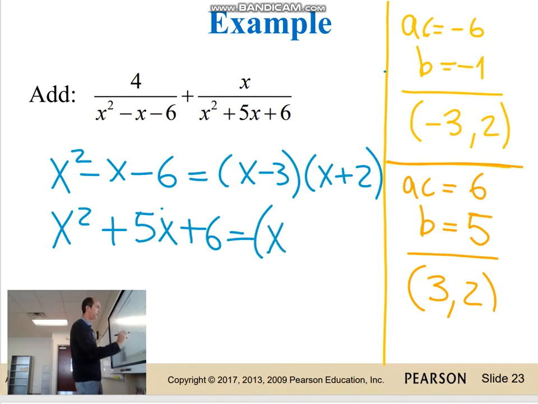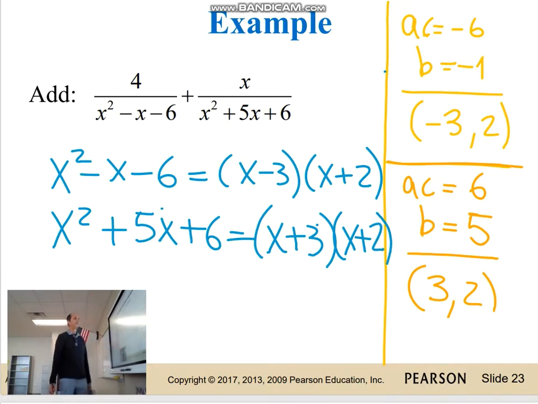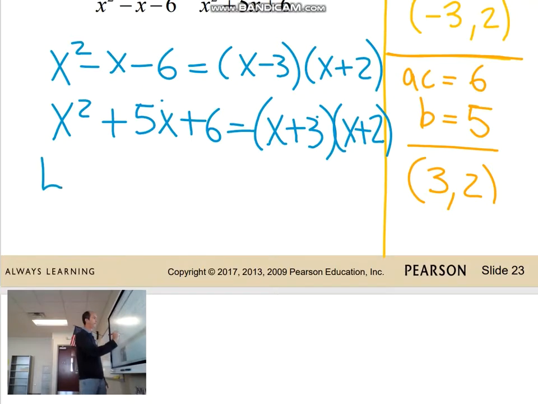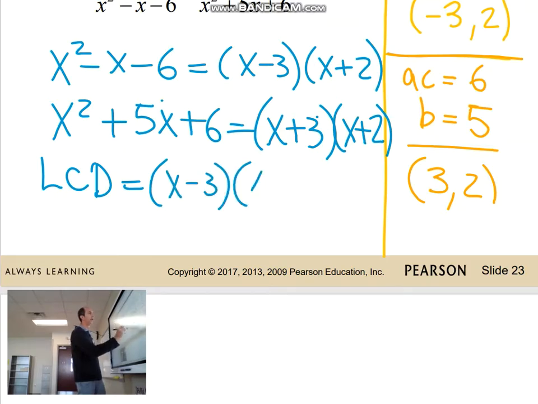Pretty cool, because we're going to have x plus 3 and x plus 2. The least common denominator is equal to the unique factors x minus 3, x plus 3, and x plus 2.